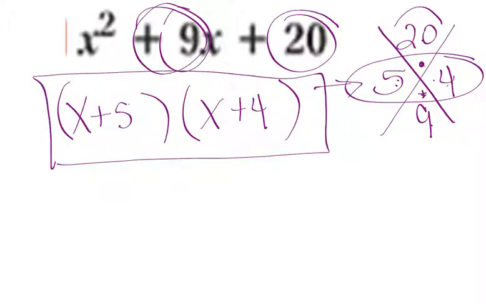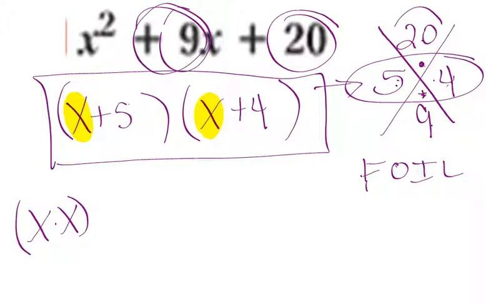You check it with the FOIL process. FOIL means first, outside, inside, last. Okay, so when you do the first, you're taking the first term of each binomial. So x times x is your first. Now we're going to add to that the outside terms.